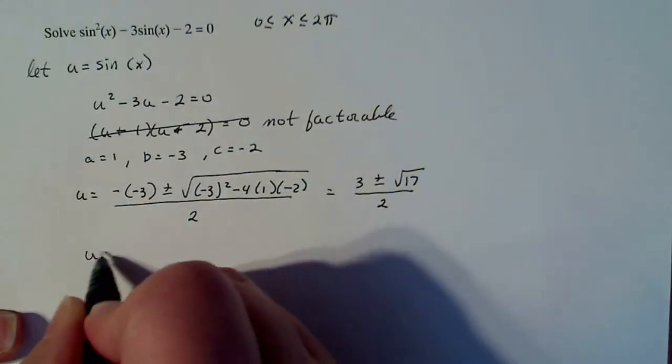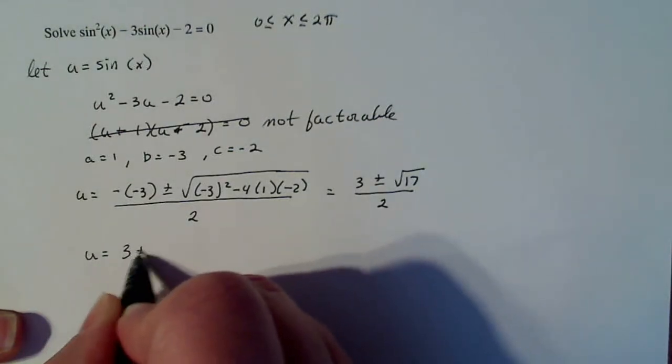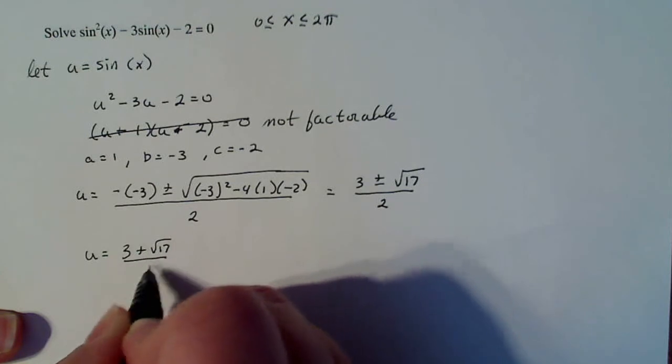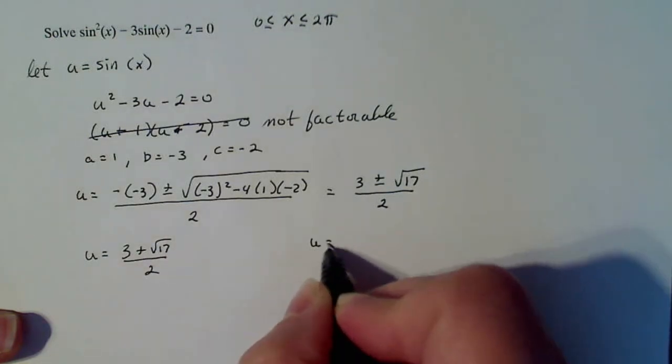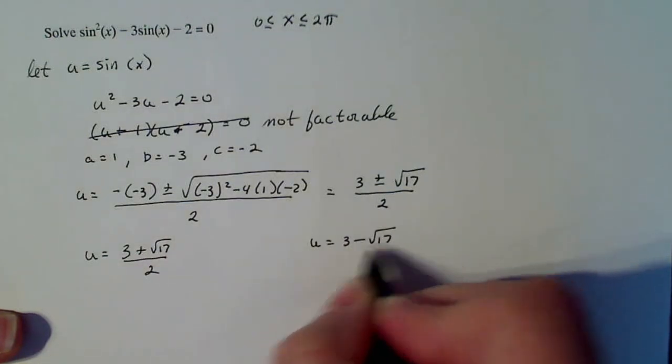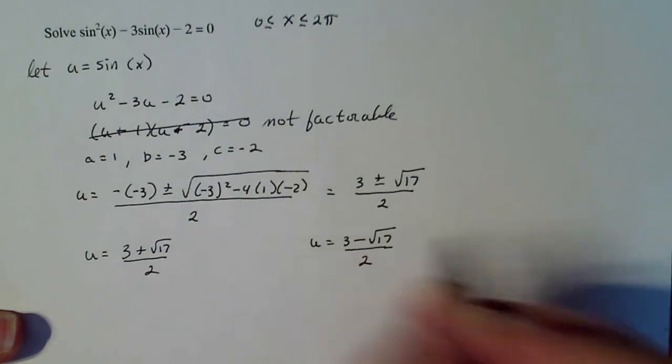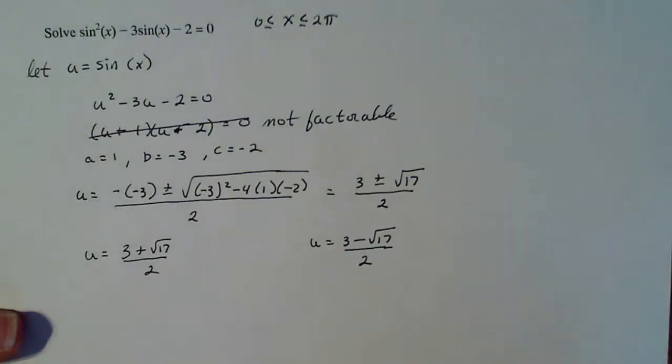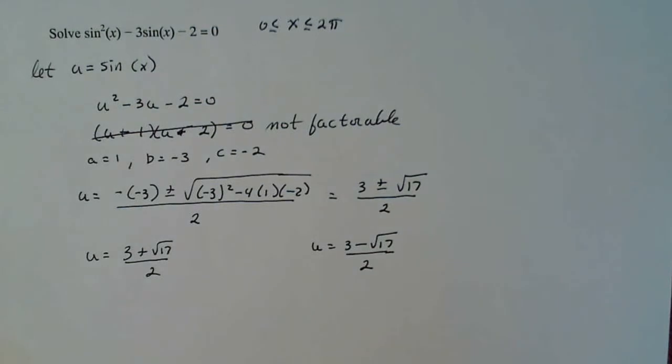So this is going to be 3 plus or minus the square root of 17 over 2. So that means u is equal to 3 plus the square root of 17 over 2, and u equals 3 minus the square root of 17 over 2. Don't panic with those numbers. Just remember that they're not normal numbers that you find on the unit circle. So we're going to just use a method we learned earlier. The inverse trig function will work here.